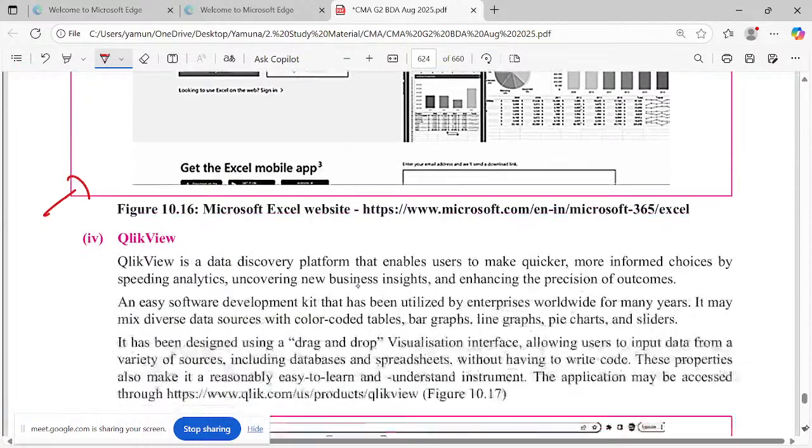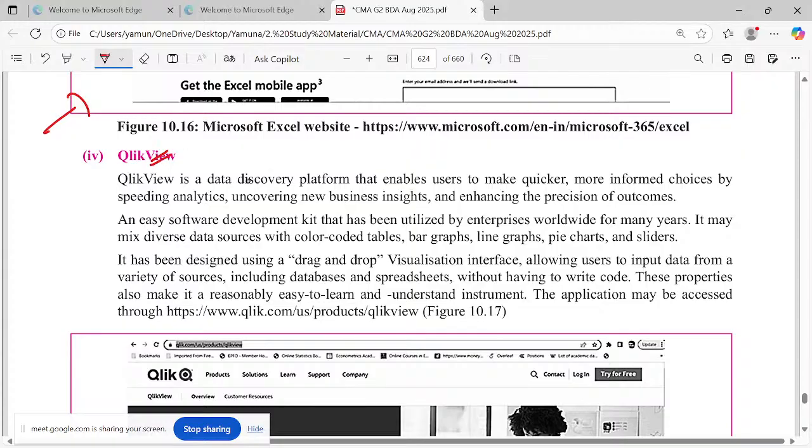And this one new concept we have is QlikView. Okay, QlikView is actually a data discovery platform. You can please make a note of this one. You can find different types of data, so you want to get some informed choices. Okay, so you can make quicker choices. Probably you know these online platforms, right? Now what you do is, like, you want to go for purchasing anything. So I'm dealing with a laptop. I want to purchase a laptop.